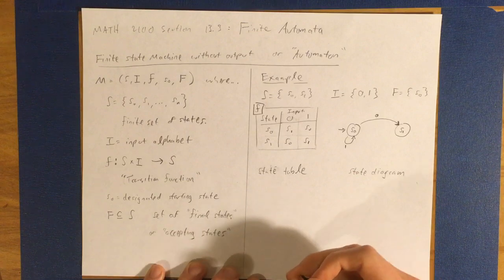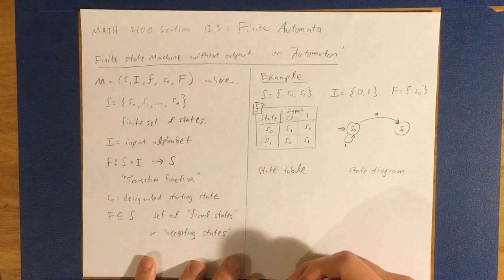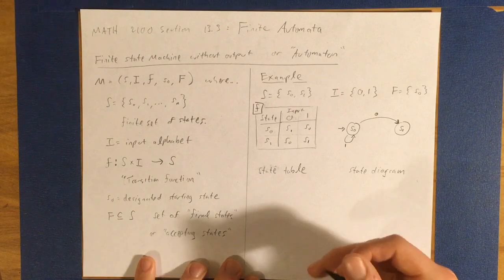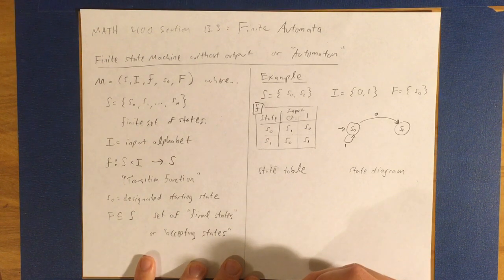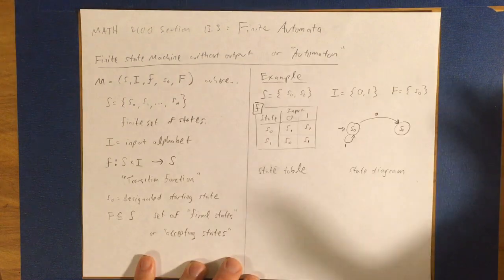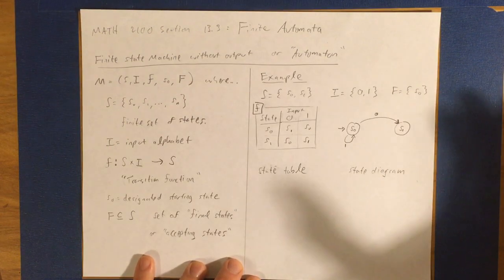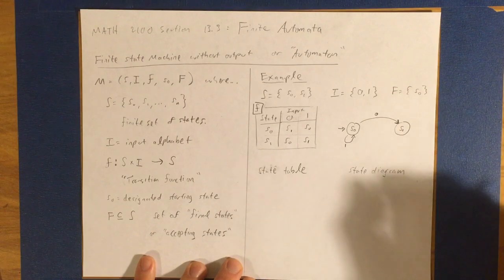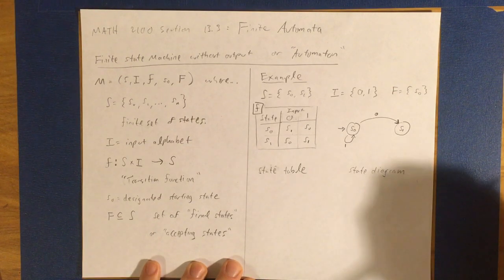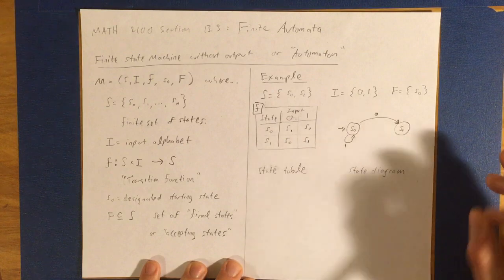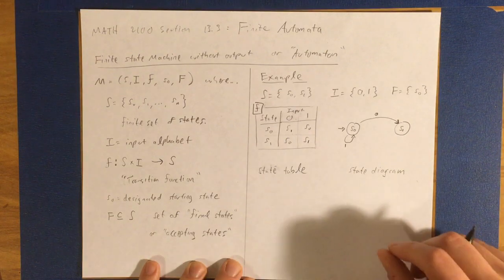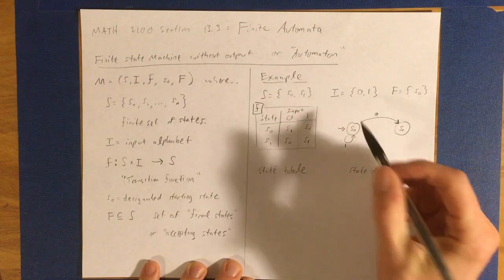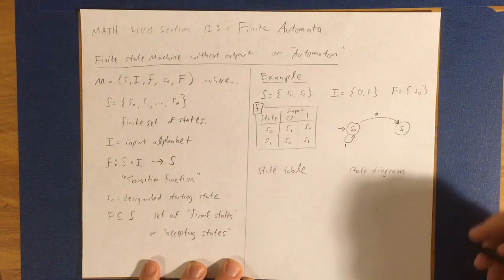Now, the type of finite automaton that we're starting with is called a deterministic finite automaton. There's a type called non-deterministic, but we're not really going to get into that. I decided to cut that topic for this semester. For the deterministic types that we're going to stick to, every state has to have 2 arrows leaving it, if you're dealing with a 0 or 1 input alphabet.